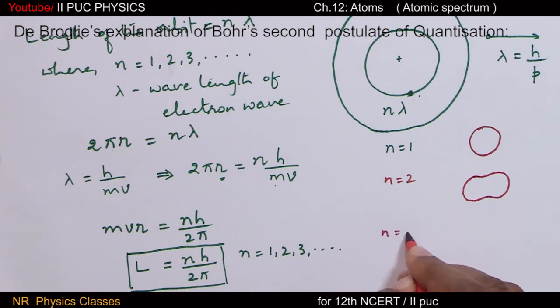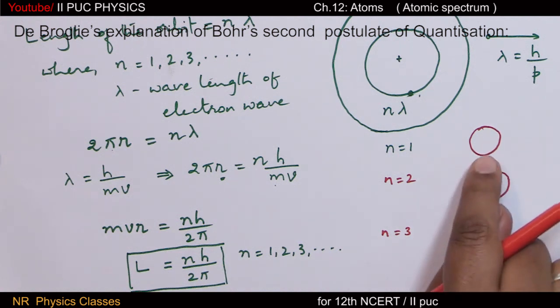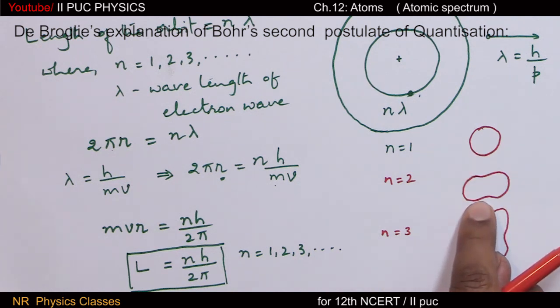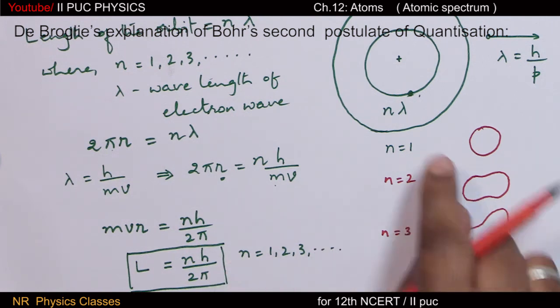If n equal to 3, then this is how the orbit of the electron looks like. These are not required for your syllabus, but please bear in mind this is how the shape of orbits is defined according to this expression, according to this concept.